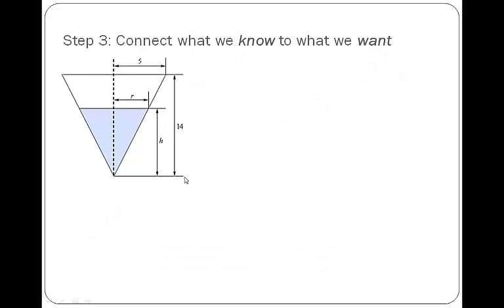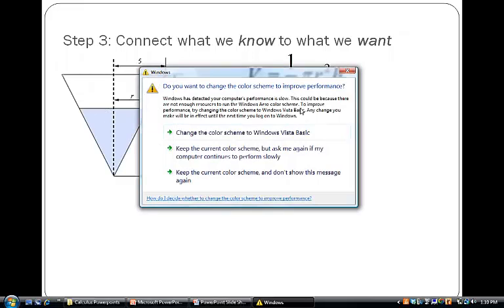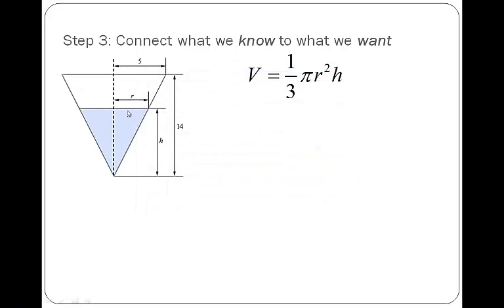So now it's time to connect what we know to what we want. The first thing we'll begin with, which is usually how we do these related rate problems, is we start with a formula. So we're going to use the formula for volume of a cone. Now remember, this volume is referring to the volume of the water in the cone. It's not referring to the cone itself. This r is not referring to the 5 up here.